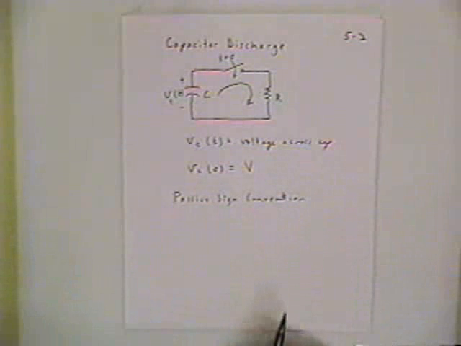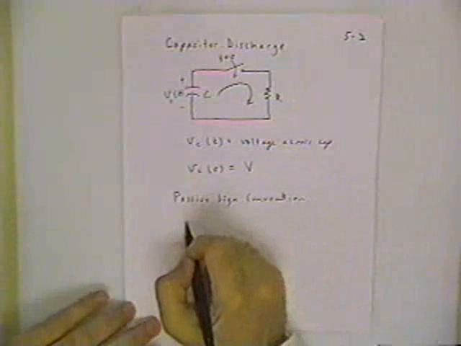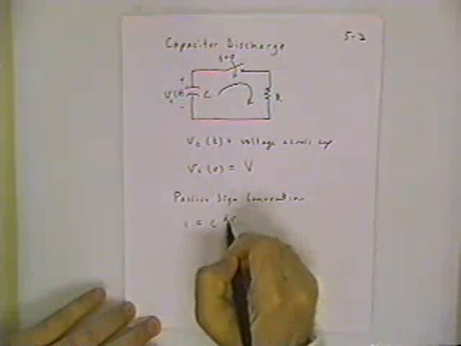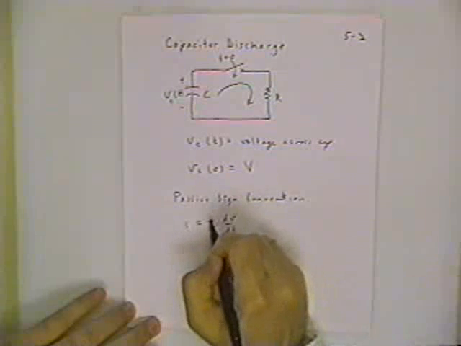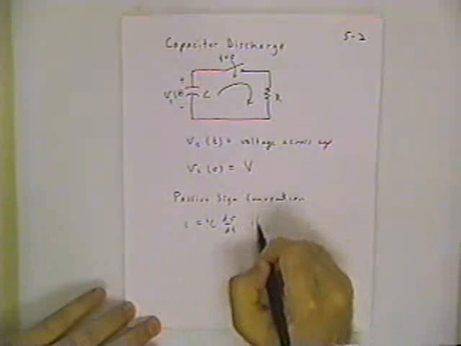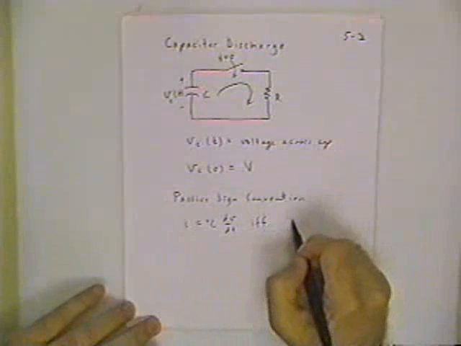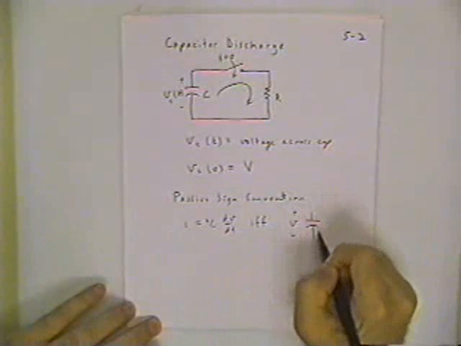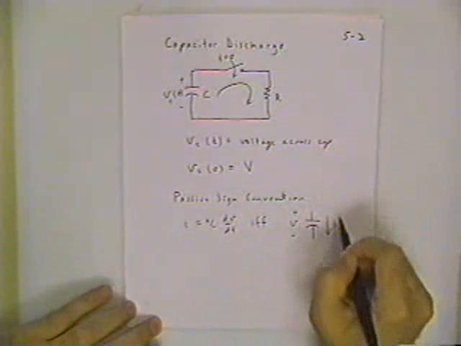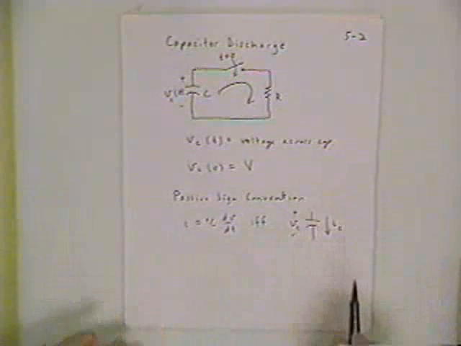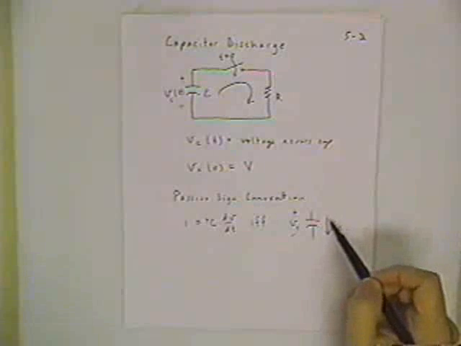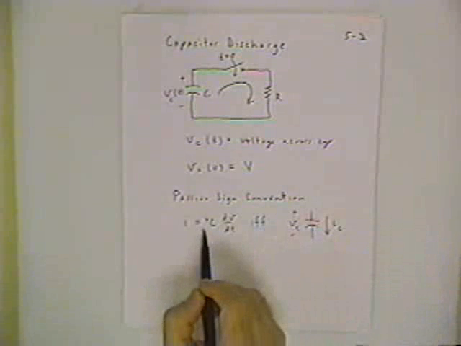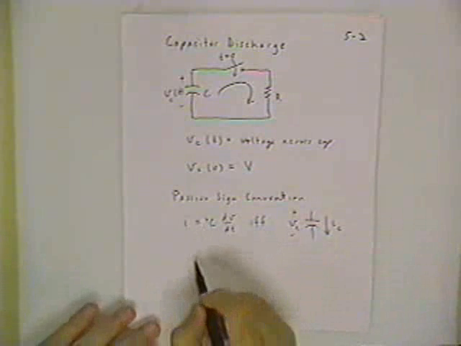Passive sign convention says that the capacitor current is C dV/dt with positive sign if and only if the voltage on the capacitor matches the direction of the current, like so. So if your capacitor current is flowing from higher to lower potential, then you can write this equation.